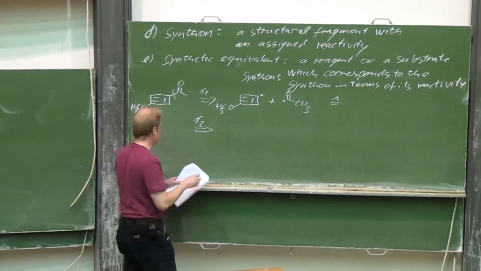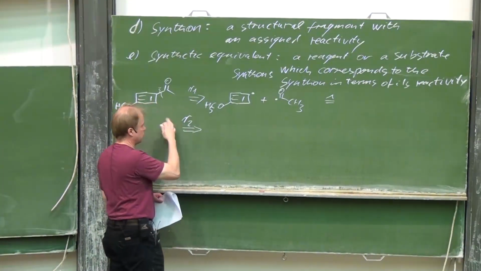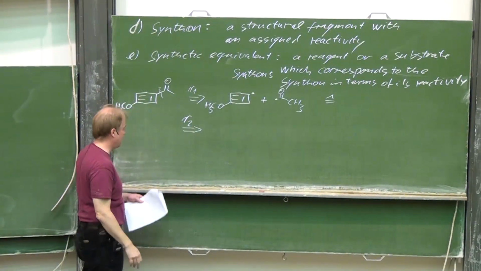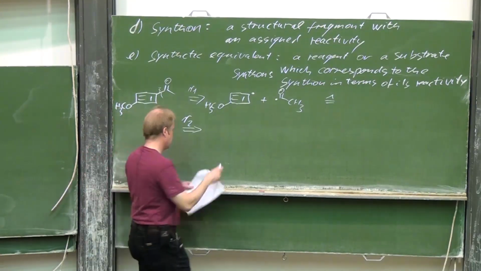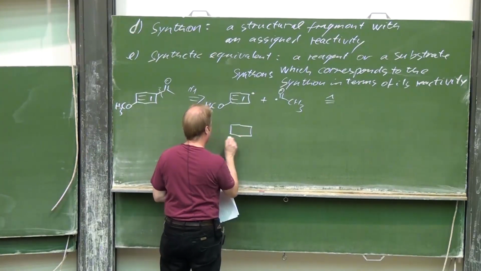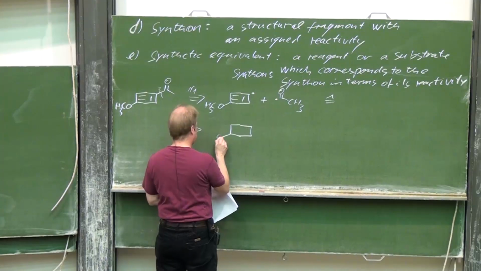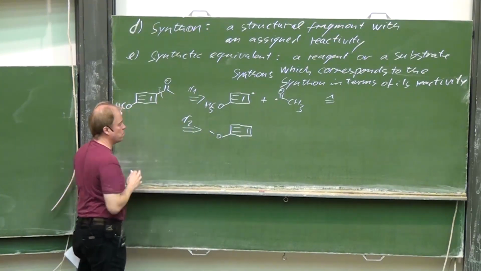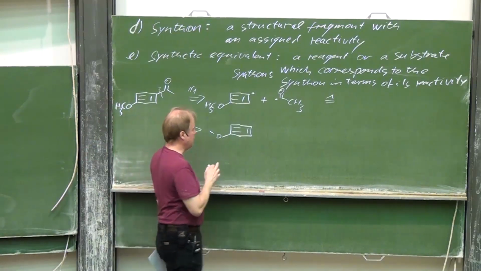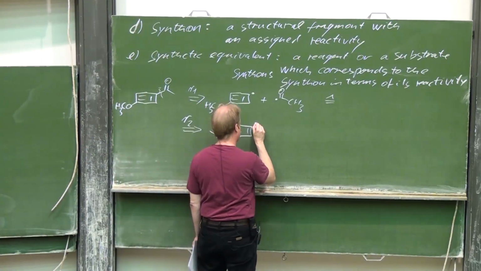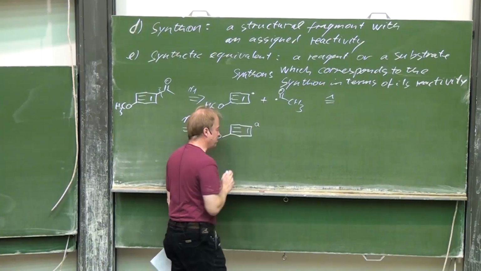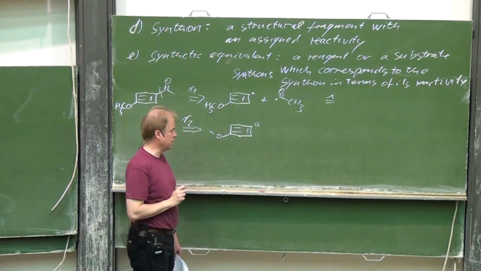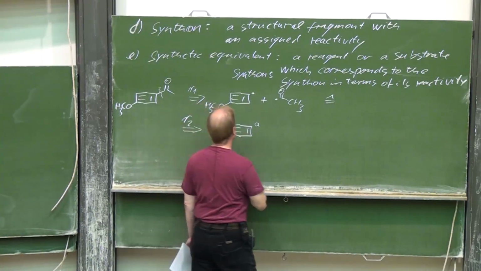So, the first one, let's call that retrosynthetic plan 2. Let's disconnect that bond so that we have an acceptor reactivity at this position.